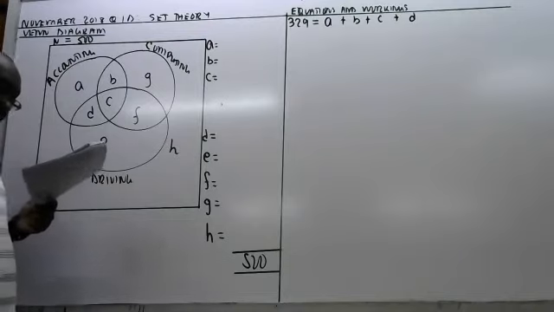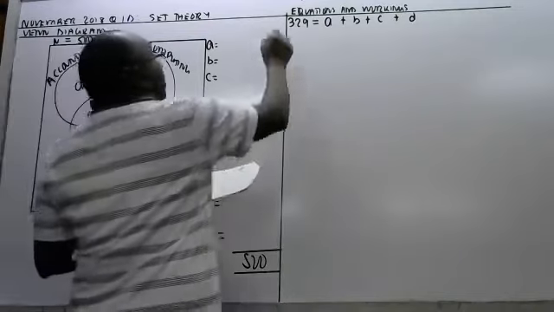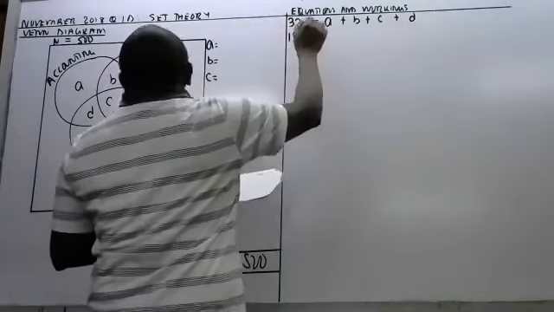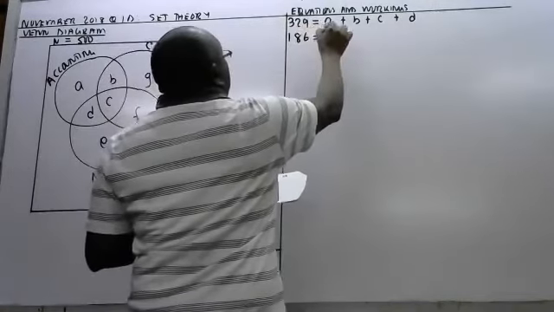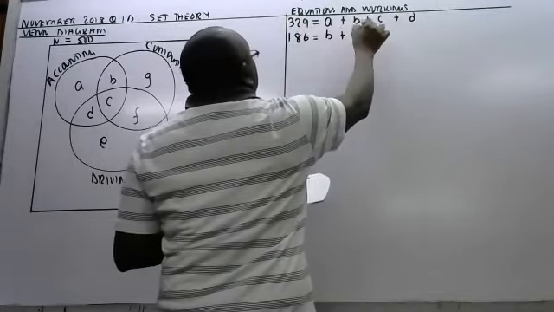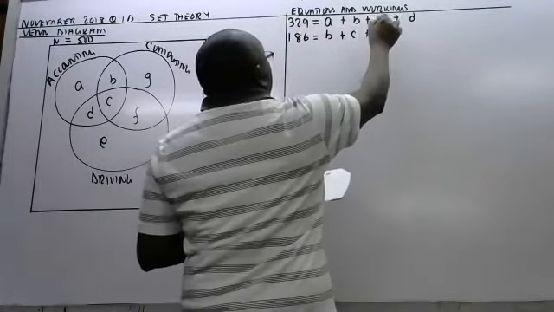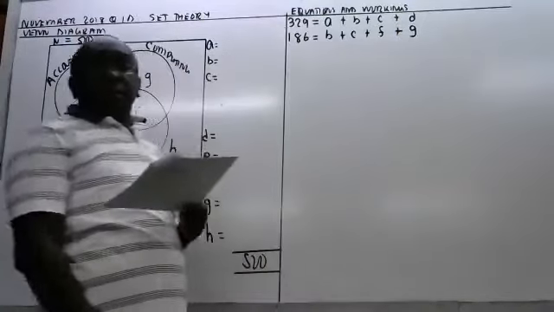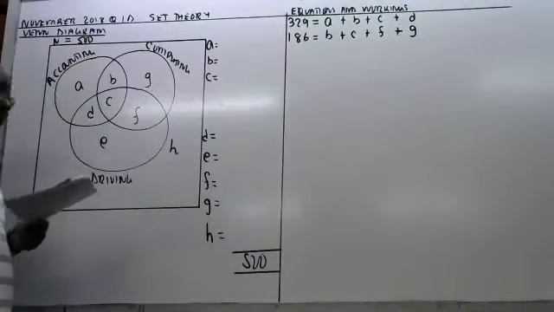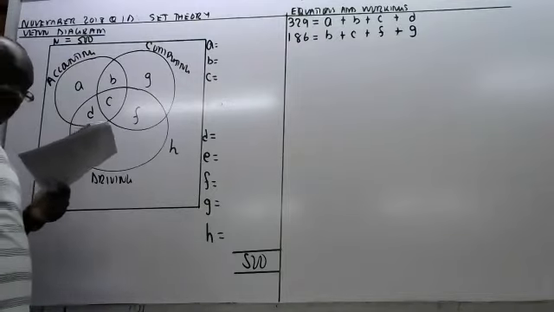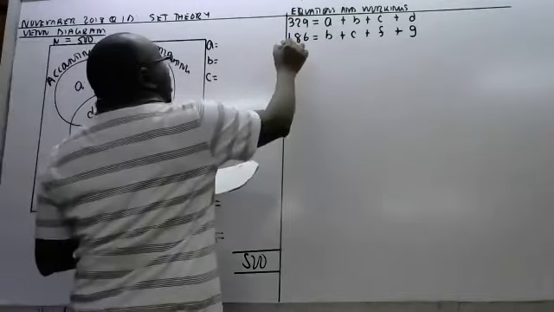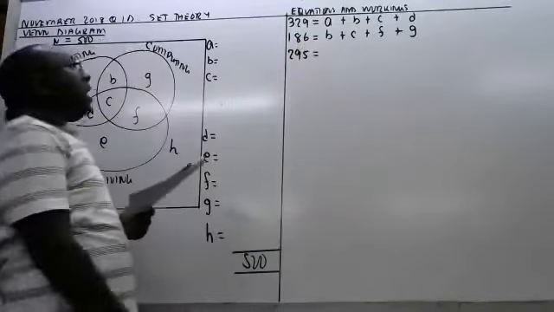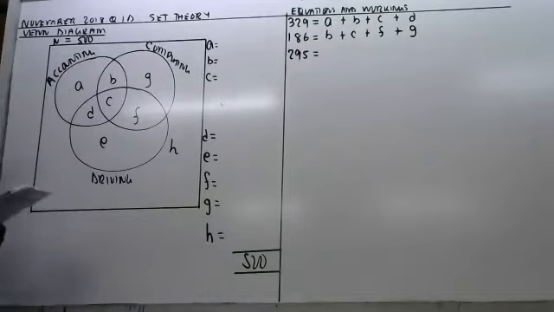Then 186 were taking computing. So 186, everyone inside computing is B plus C plus F plus G. 295 were taking driving.